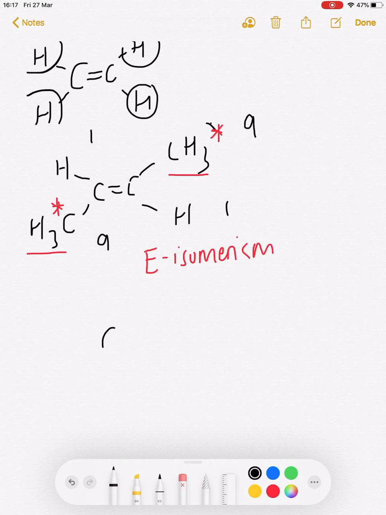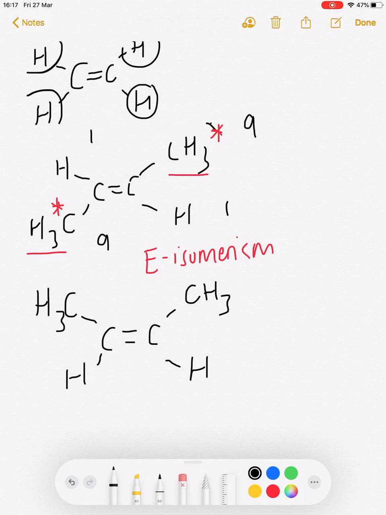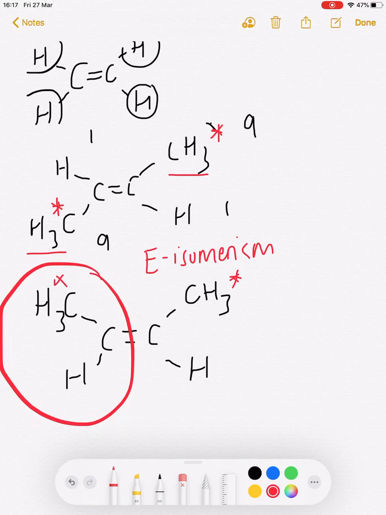If we draw this again, I've got the carbon-to-carbon double bond, CH3, H, but switch this round, we've got CH3 being my highest priority group on this side. We then have CH3 over here being my highest priority group on the left-hand side.